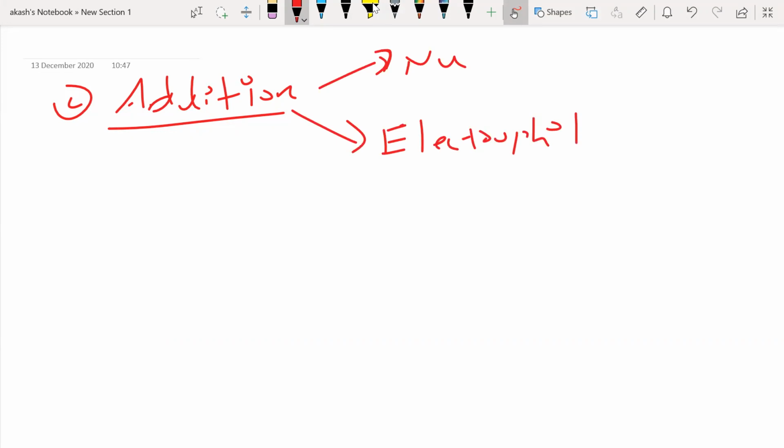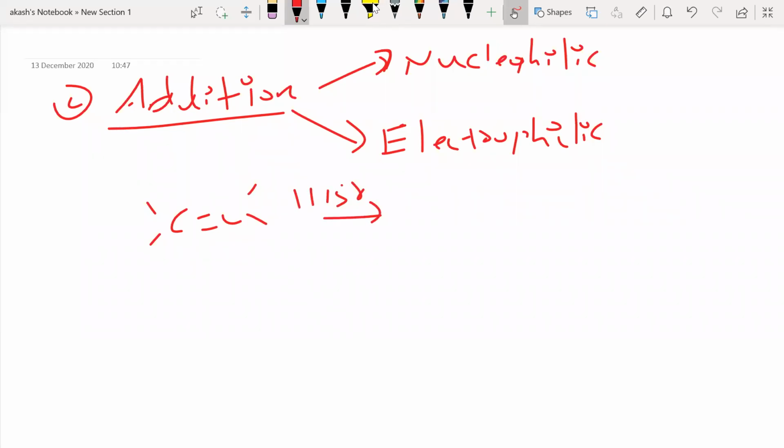Electrophilic, and nucleophilic. Okay, so what is the basic difference here? Now, please understand, guys. Say I have a C double bond C. Say I have HBr or H2O or whatever it is you want to add.